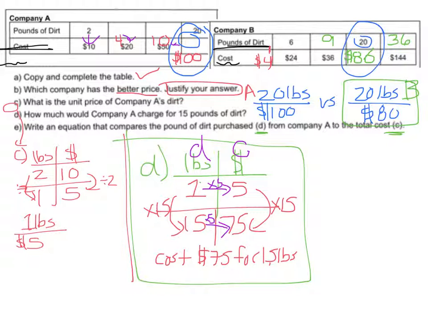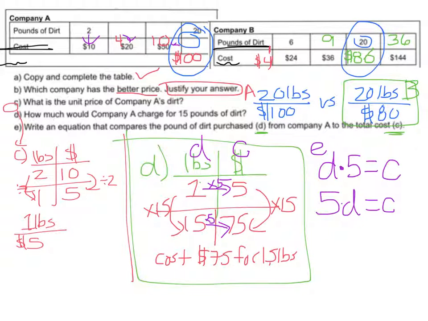So now all I need to do to make my equation is take my dirt, multiply that times 5, and that will give me my total cost. I can also write it as 5D is equal to C, since we can imply that that's multiplication.